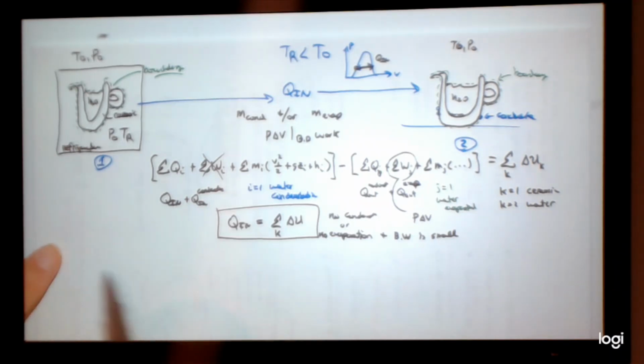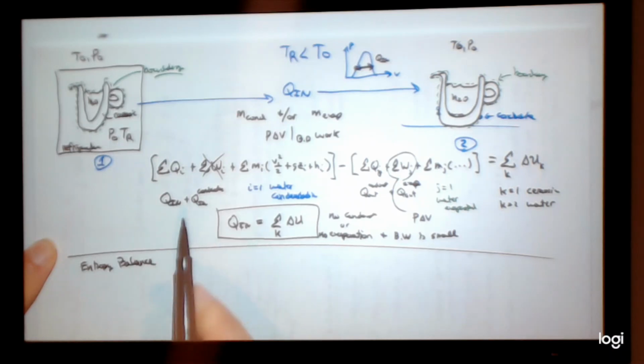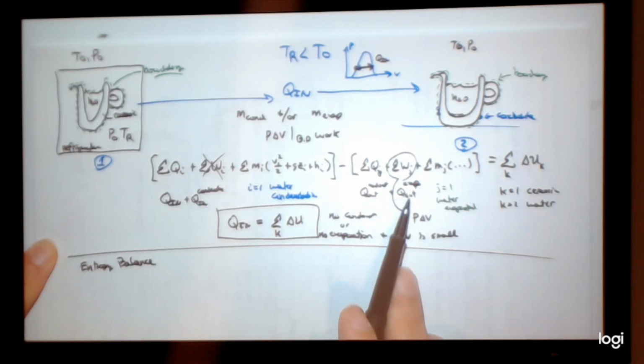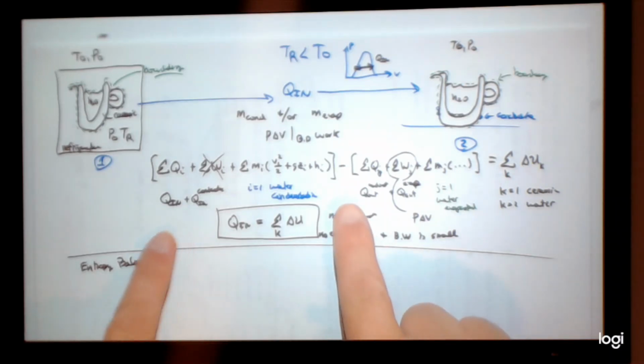Okay, so now if we go to entropy balance, this is where, remember this Qn condensate and Q out condensate and Q out evaporation? Even though these will be equal, the boundary temperature is different during the two processes a little bit. So in the entropy balance, it actually matters that you separate these two.